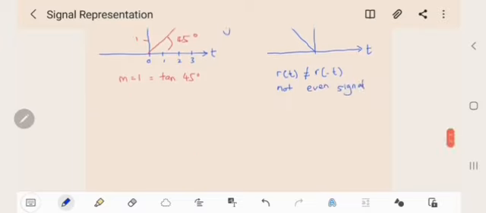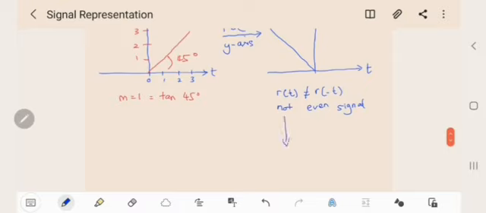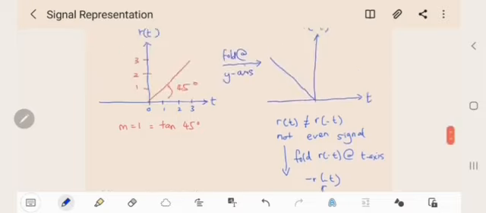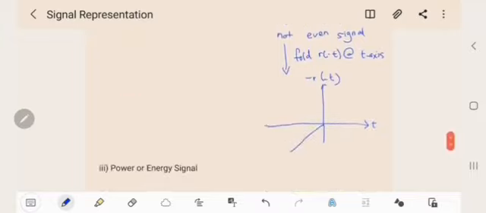Now we want to determine whether it is an odd signal or not. We have to fold this r(-t) signal at the t axis, so we have the minus r(-t) signal. Now we fold from the upright here to down here. We see whether this signal is the same as our signal or not. It is not, so minus r(t) is not equal to minus r(-t).